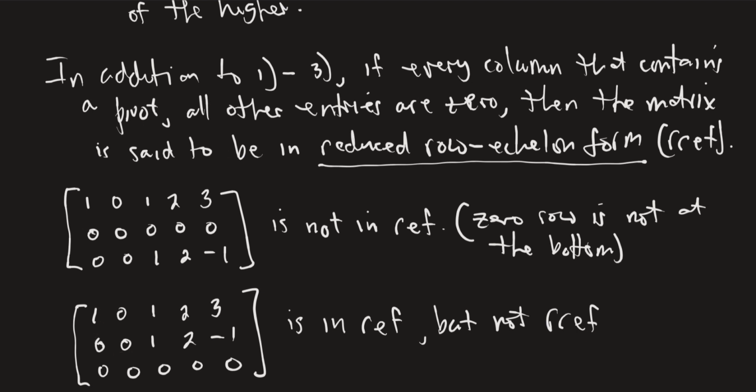There are only two pivots, and we know those are pivots because they are the first non-zero entries in these rows, and they're both 1. The requirement is that all the other entries above and below pivots have to be 0. So check, check, check. Not good. Because of this entry, this matrix is not in reduced row echelon form.